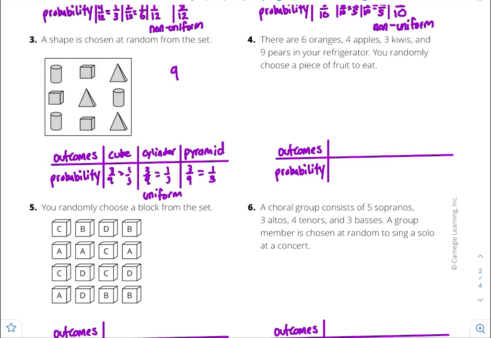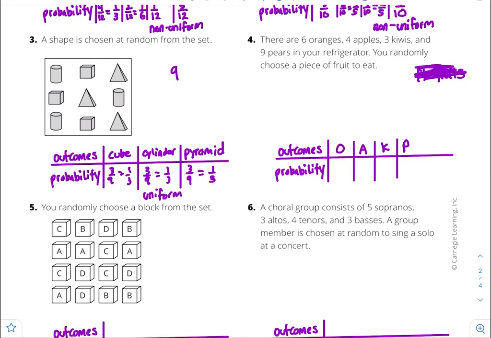Okay, number 4. We got an orange, we have an apple, we have a kiwi, and we have a pear. For the orange, there's 11 total fruits. So for the orange, probability is going to be... where's orange? Wait, sorry. There's not 11 fruits.